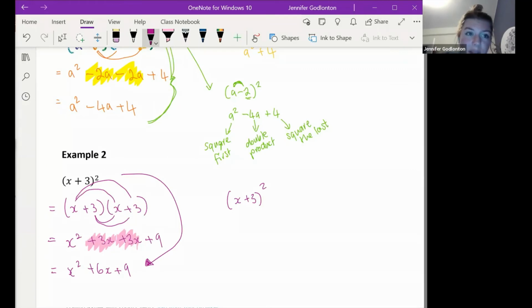We square the first one, so x times x, which is x squared. My product would be 3x, and we're doubling it, so 3x times 2 is 6x, and then we square our last one, which is 9. So we square the first, double the product, square the last.